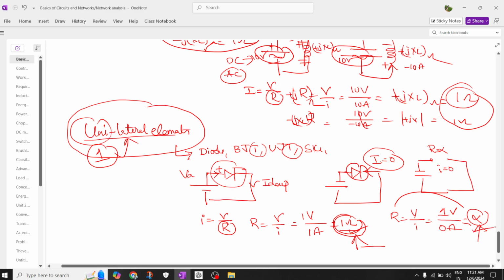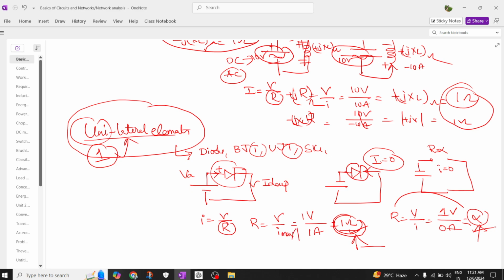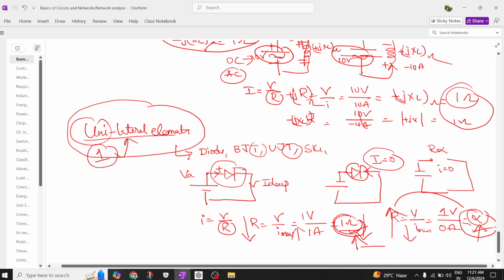So if you understand in detail, in forward bias maximum current can flow, therefore resistance offered is minimum. But in the case of reverse bias, the current is minimum here. Whenever the current is minimum, the resistance offered is maximum, therefore resistance is infinity.